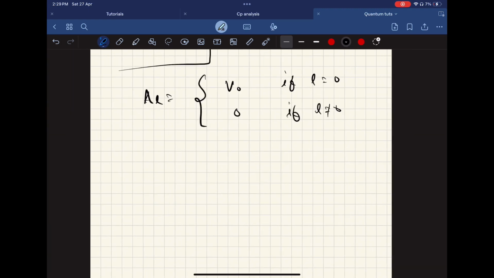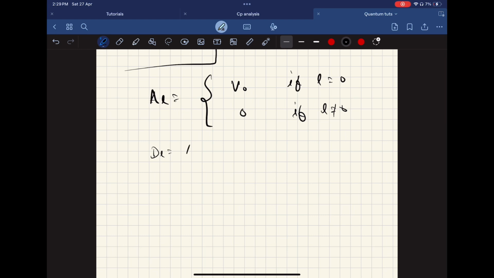So we have dl equals al into r to the power 2l plus 1. So from here we can say that dl is equal to v naught into r to the power 1, because for l equals 0 it's v naught r. If l is equal to 0, and it is equal to 0 if l is not equal to 0.